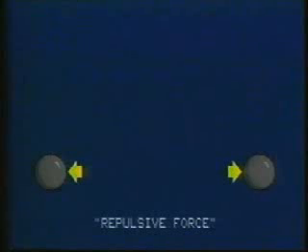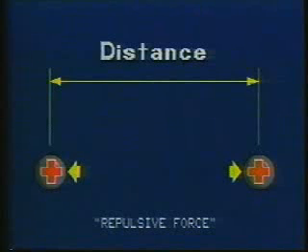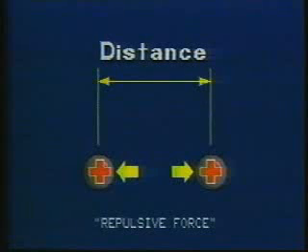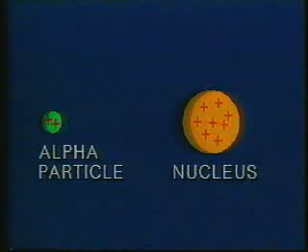So Rutherford looked to Coulomb's law for an explanation. The force of repulsion between two particles with the same charge increases as distance decreases. Is it possible that the positively charged alpha particles were being repelled by a nucleus of positive charge within the gold foil? Let's consider what would happen to an alpha particle on a direct head-on collision course with such a positively charged nucleus.